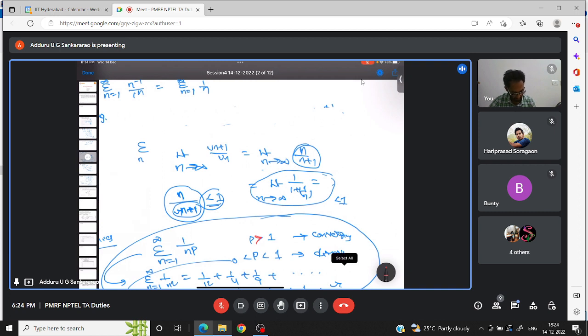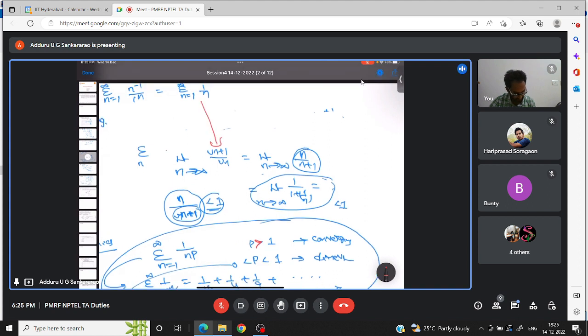So this limit n tends to infinity u of n plus 1 by u of n, if you apply it, we can write like this. So this is 1 by 1 plus 0, 1 we are getting. So it is not converging then.